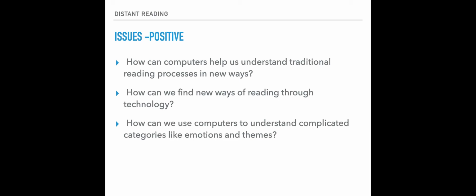How can we find new ways of reading through technology, right? How can looking at a text from its entirety or a group of thousands of texts help us to become better readers? How can we use computers to understand complicated categories like emotions and themes?